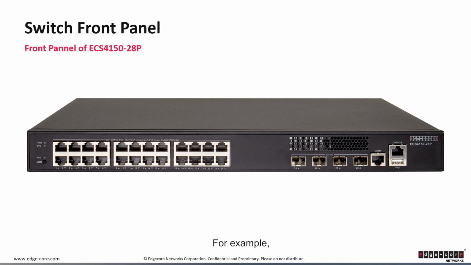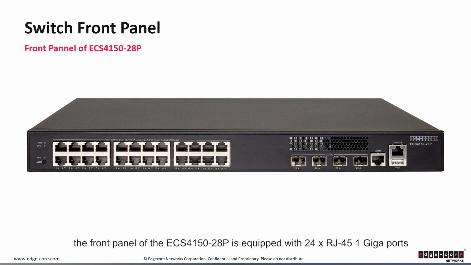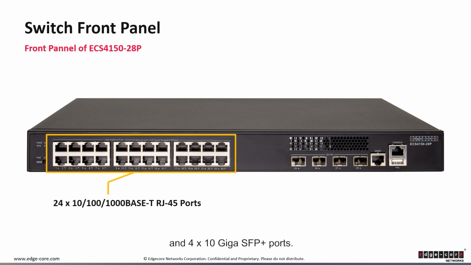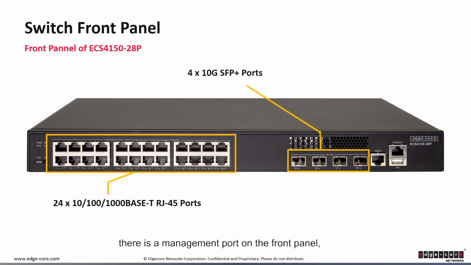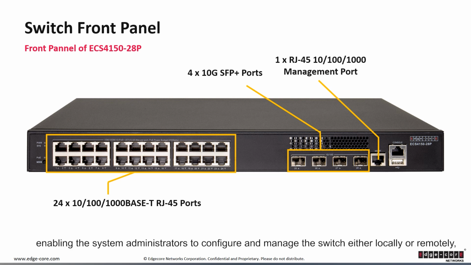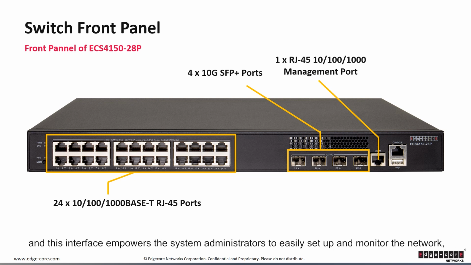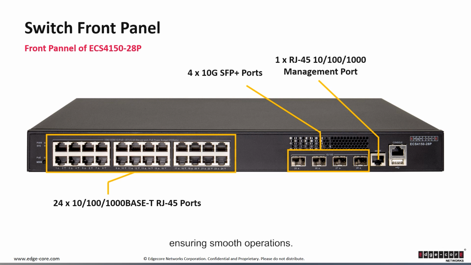For example, the front panel of the ECS4150-28P is equipped with 24 RJ45 1GB ports and 4 10GB SFP Plus ports. Additionally, there is a management port on the front panel, enabling the system administrators to configure and manage the switch either locally or remotely. And this interface empowers the system administrators to easily set up and monitor the network, ensuring smooth operations.